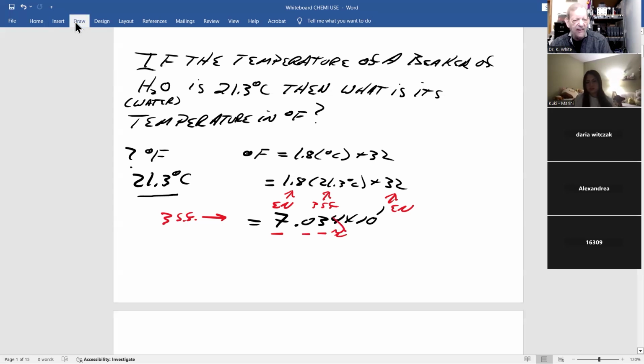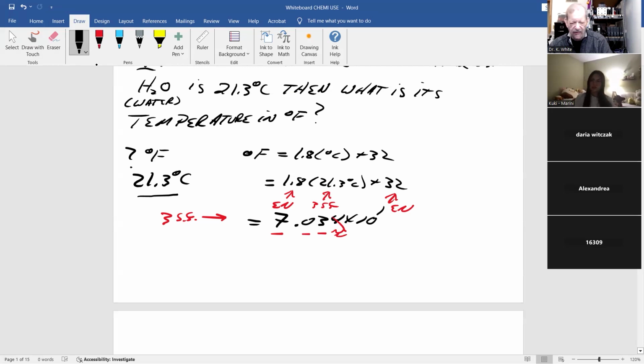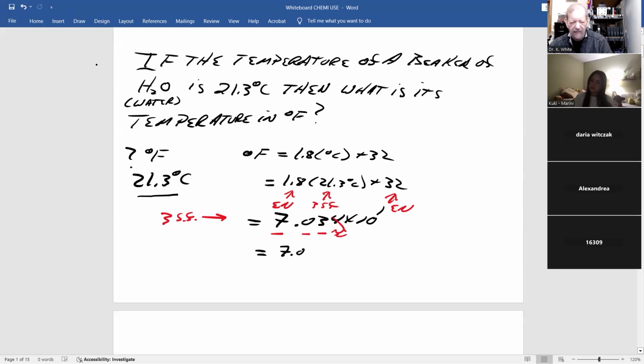And the correct answer using significant figures, or if you want to write it in decimal, and that's how you do the conversions. And the last one, Kelvin to centigrade, that's just adding 273.